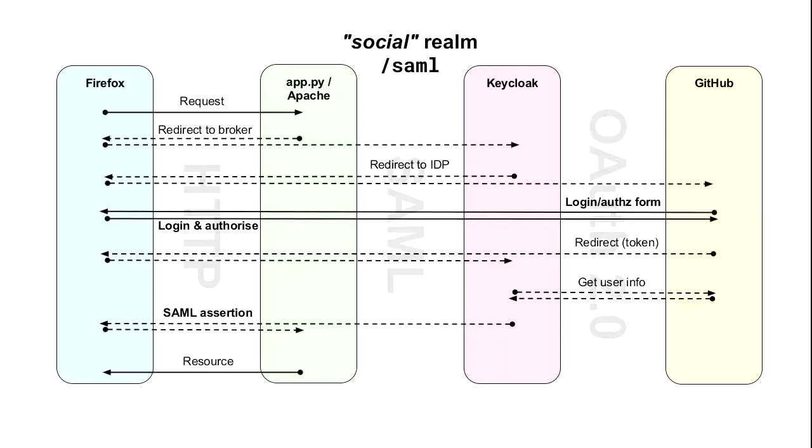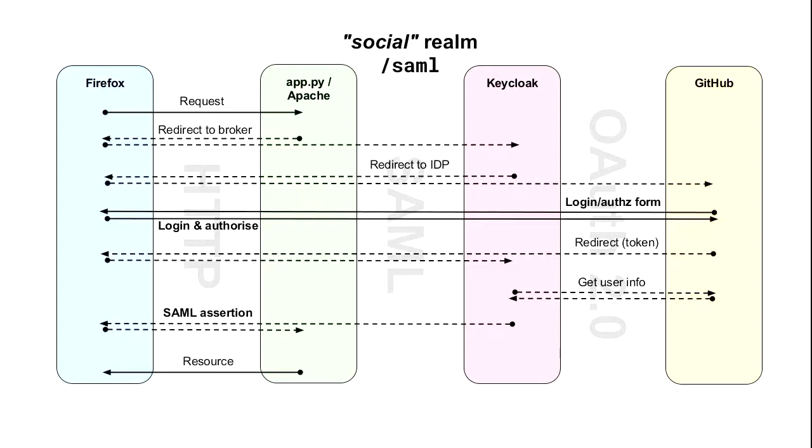Okay. So we're going to set up two different single sign-on and federated login scenarios for this demo. We'll do them one after the other. The first one that we want to do is to connect our application, app.py, running on Apache, to Keycloak using the SAML protocol.